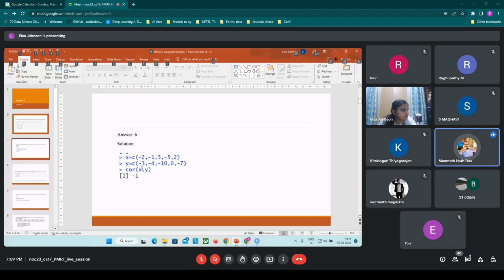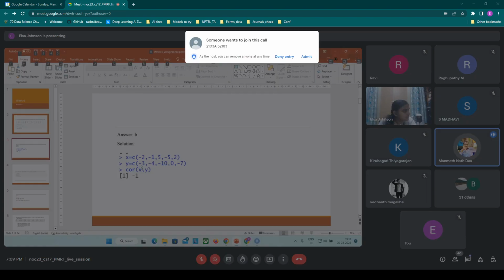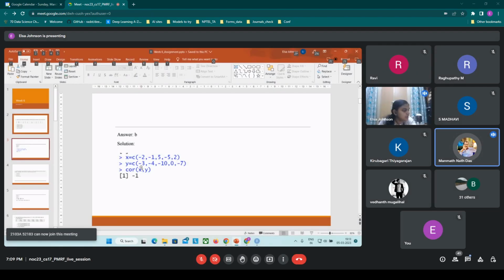It depends. If we can write R code, it's comparatively easy: write the code and get the answer. But if it's manual, then it's harder. So please inquire and inform. Yes, I'll have to inquire. I think it will be there.